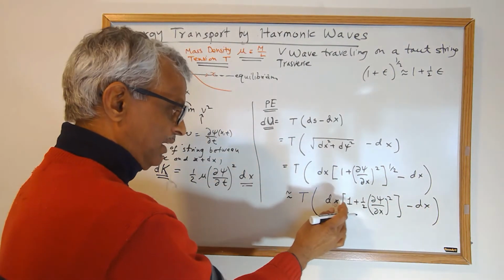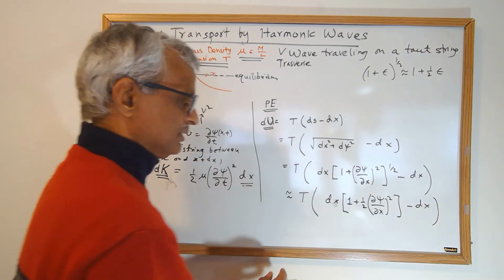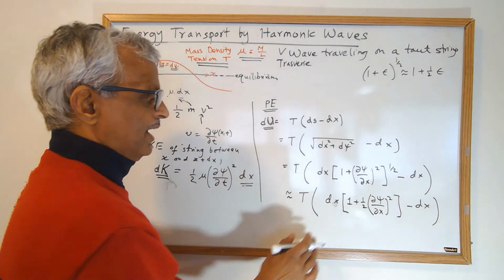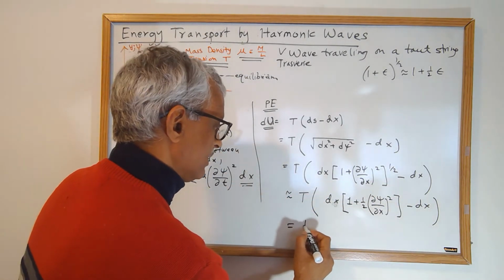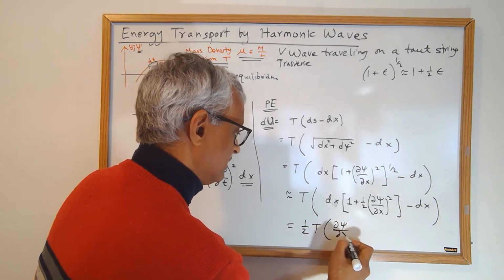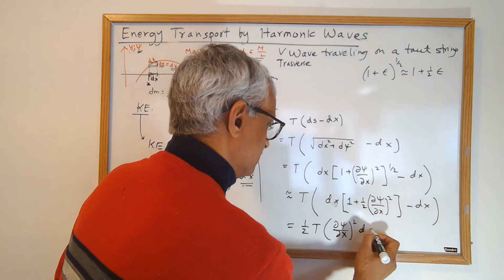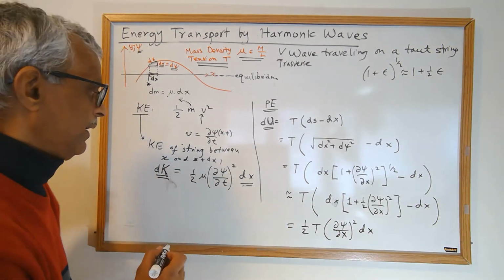This is not exactly equal, but when this is very small compared to 1, I can do this. You can see the dx cancels out, and this gives me half T d psi dx squared dx. So this is the dU, and the other is dK.